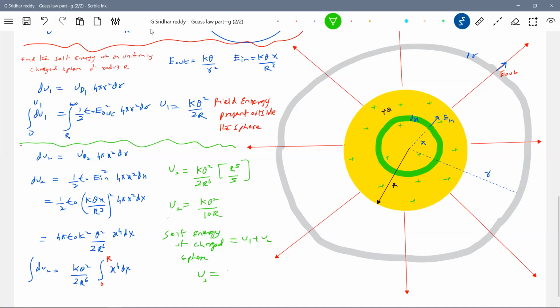Now what is U1? kq square by 2R, and U2 is kq square by 10R. How much will we get? 3 kq square by 5R. Better to remember formulas. The self energy of a uniformly charged sphere is how much? 3 kq square by 5R.